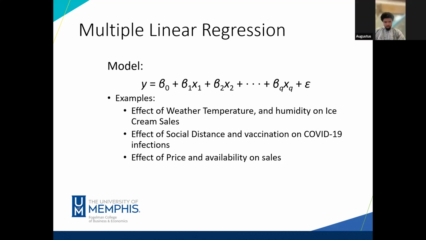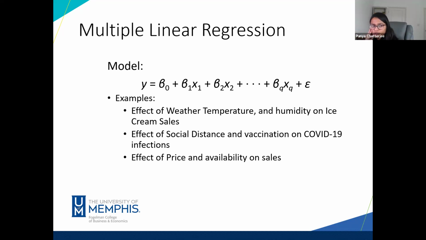So you're trying to understand the effect of social distancing and vaccination on COVID-19 infection. COVID-19 infection is the dependent, and social distancing and vaccination are independent. So we agree. COVID-19 infection depends on social distancing and vaccination. So we have again 2 independent variables and 1 dependent variable.